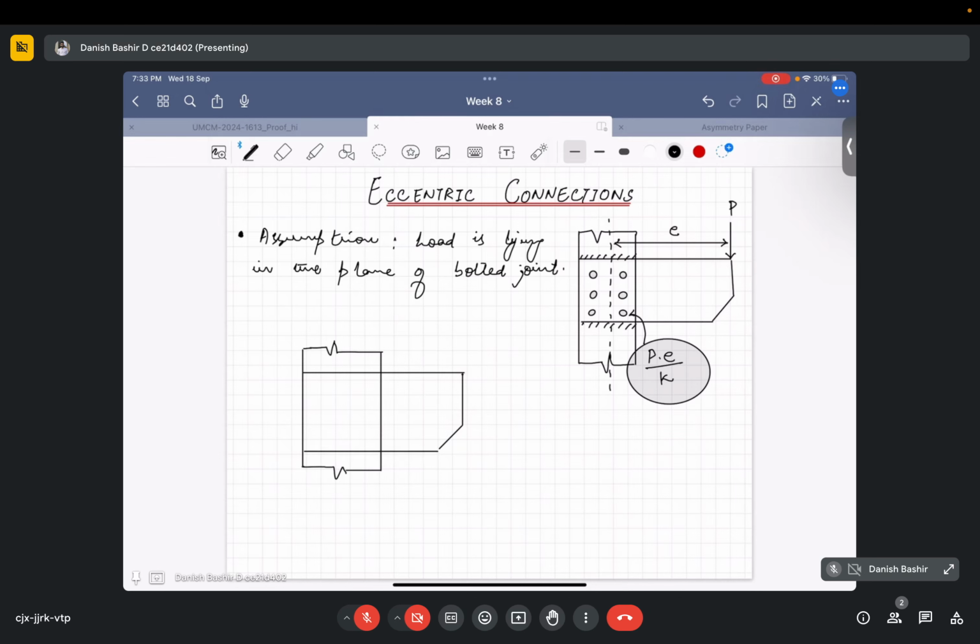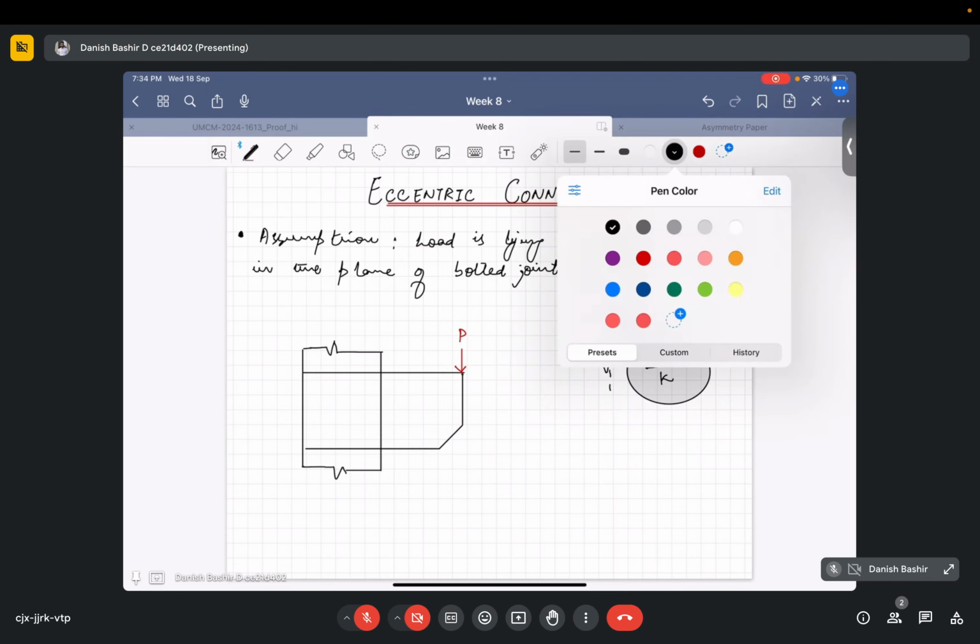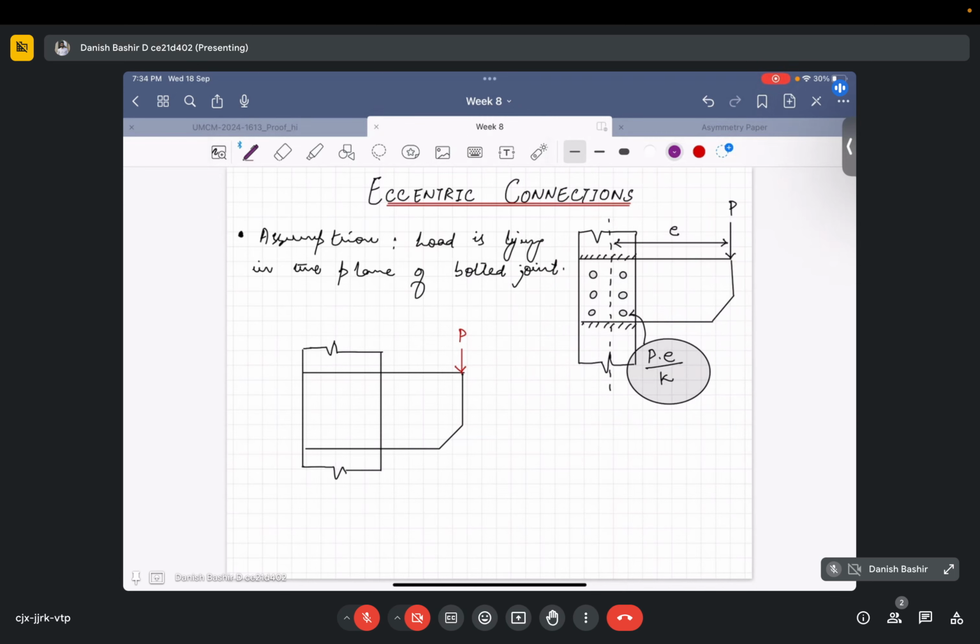It is like this, and the load P is acting here. We have the central axis of this column like this. I will draw one central axis, exactly in the middle.